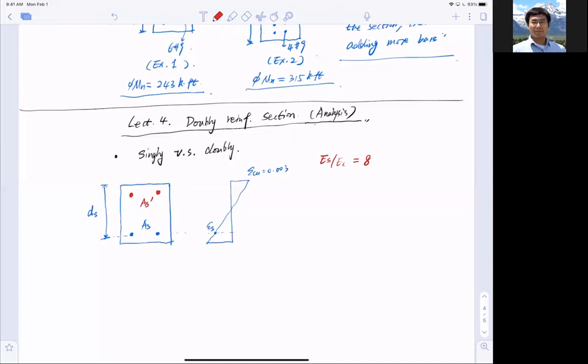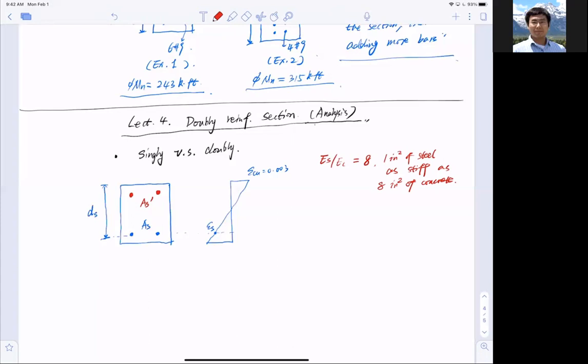What does it mean? It means 1 square inch of steel is as stiff as 8 square inches of concrete. So a little bit of compressive reinforcement can increase my concrete cross section a lot.